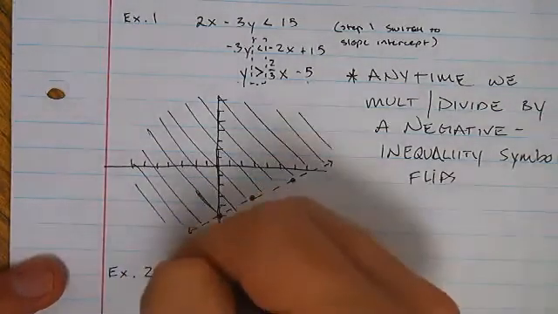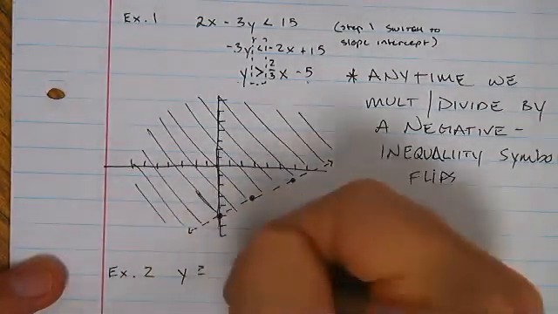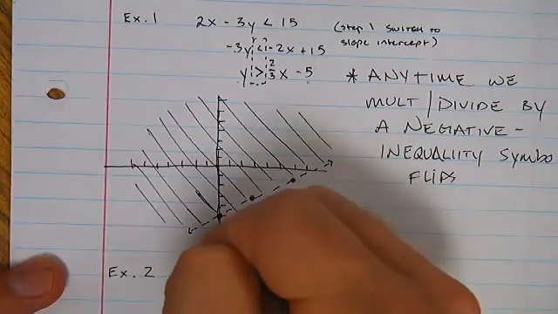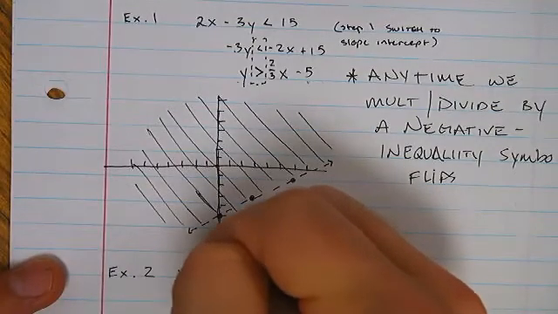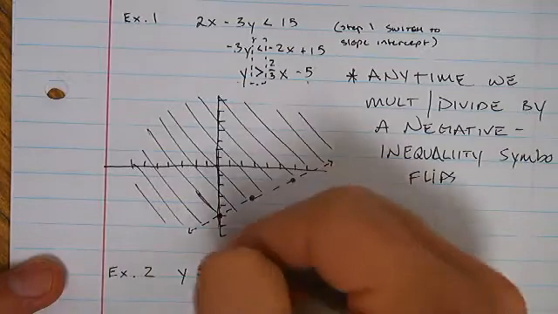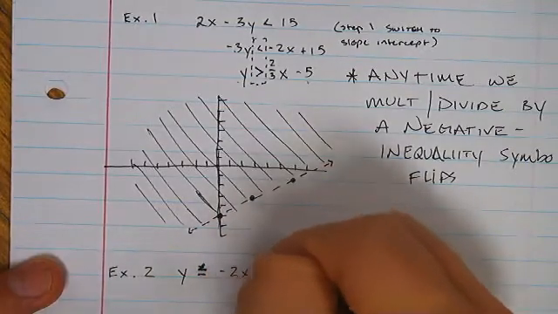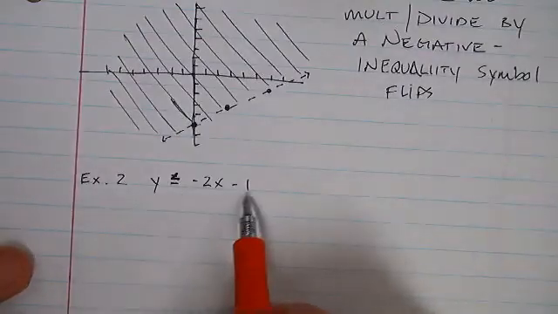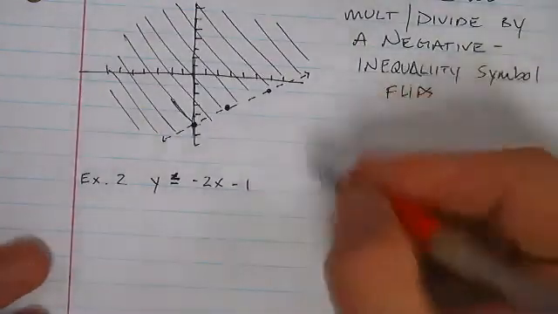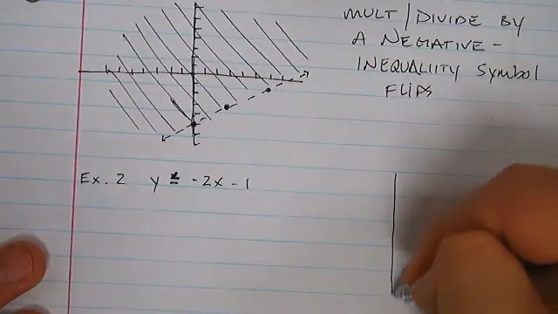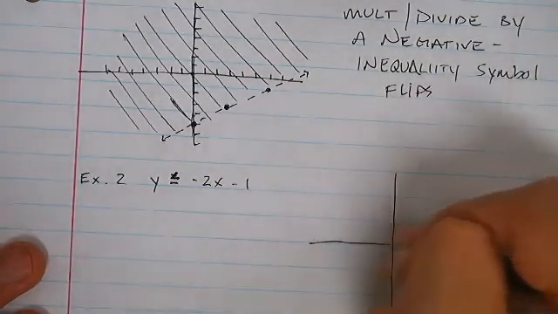So example 2: y is less than or equal to -2x minus 1. It's already in slope-intercept form, no need to switch it. All I need to do is graph it and shade it accordingly.